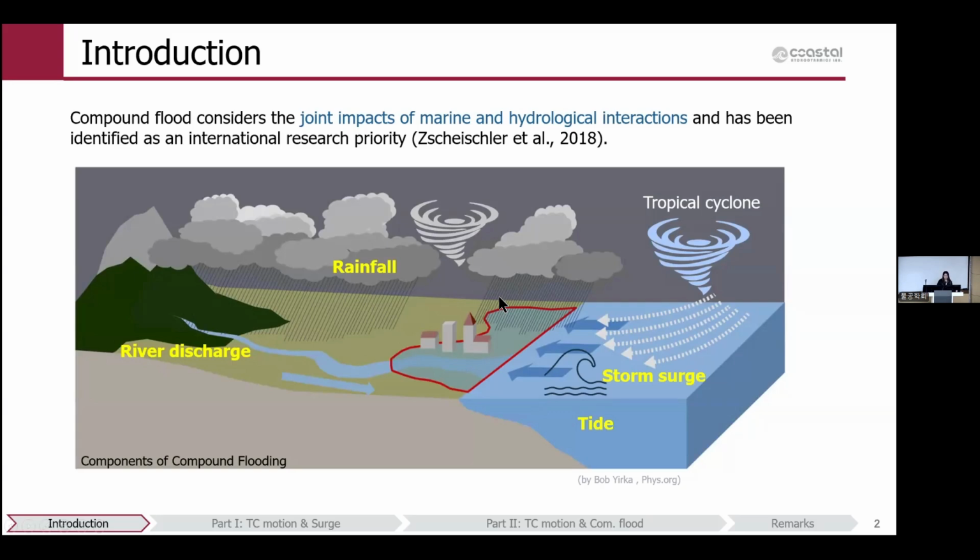This type of flooding is caused by the combination of storm surge, high tides, and heavy rainfall, which induce inland water level rise. These two water sources, the seawater and the inland water, together can result in heavy flooding.